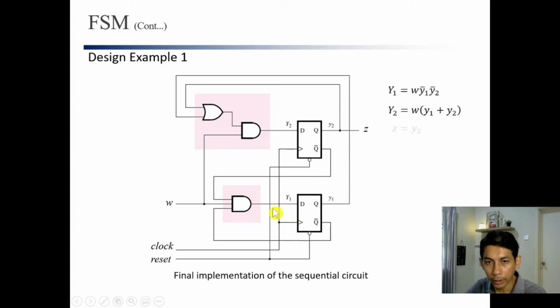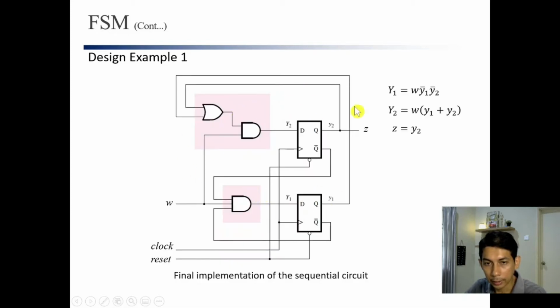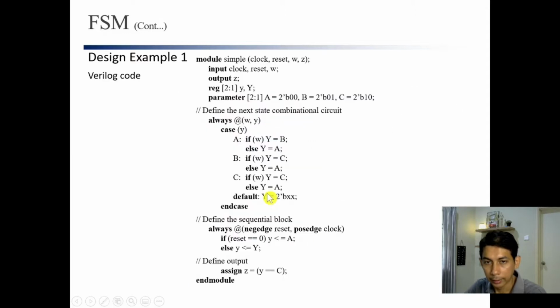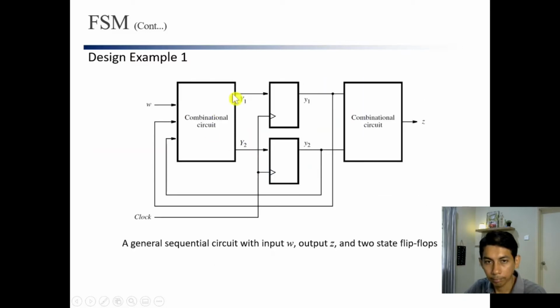We also learned how to code using behavioral modeling, where we don't need this process of deriving the circuit before you can get the circuit like this. With Verilog, we only need this structure, and we describe what is inside the next state logic combinational circuit here, and the output logic combinational circuit here using behavioral modeling.